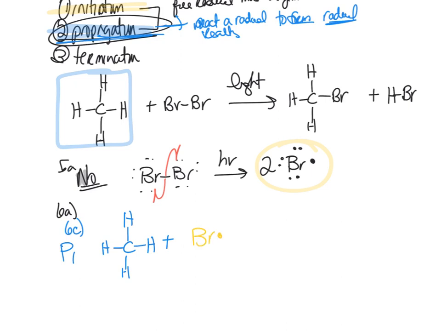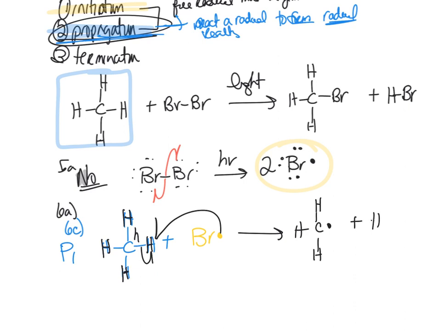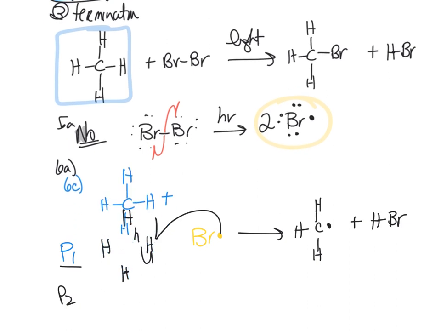So we have a radical plus a neutral compound, and then you can show the electron taking the hydrogen. You've got your 3 barbed arrows to generate the new radical plus HBr. That's your first, P1.